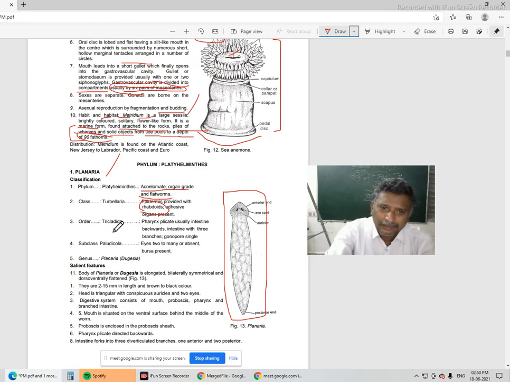Now the order Tricladida: pharynx plicate, usually intestine with backward and 3 branches. Gonopore is single.